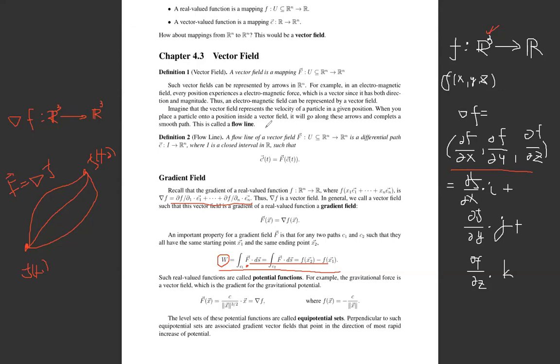This will make sense later on when you take 255 vector analysis; you just have a preview of such a thing. So we have a special name for the real value function small f, such that the vector field is the gradient of small f.